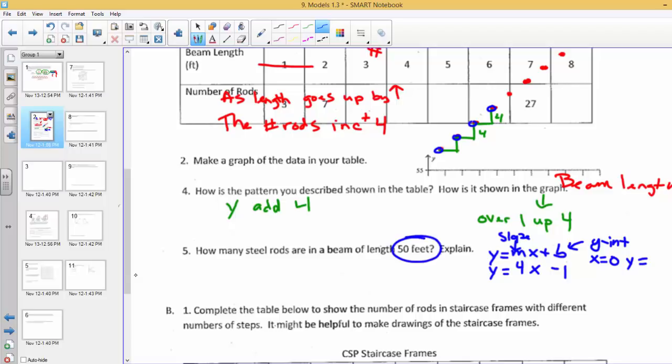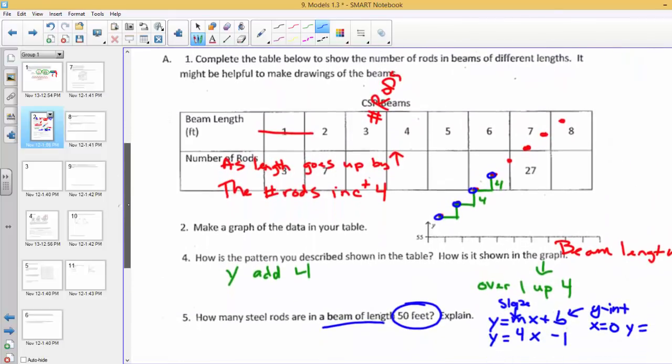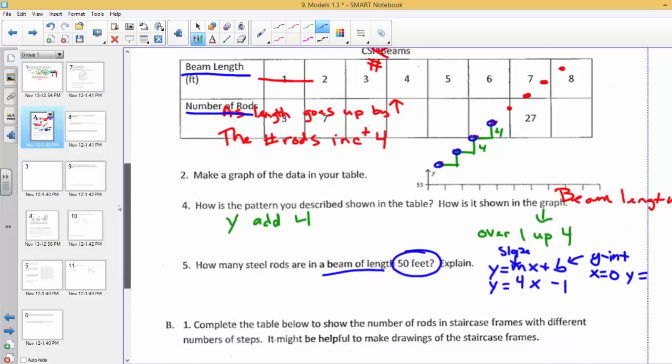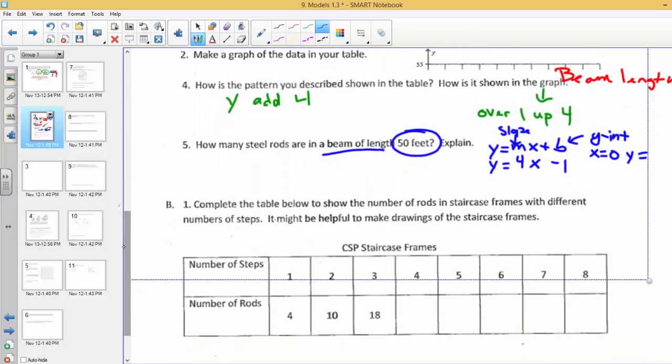Now, 50 feet is the beam length, so that's x. In fact, instead of writing x and y, you can write this in words. Beam length is x, number of rods is y. So I'm going to write this equation as number of rods equals 4 times beam length minus 1.